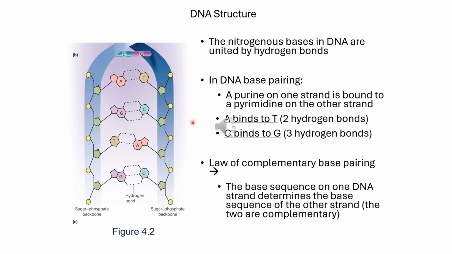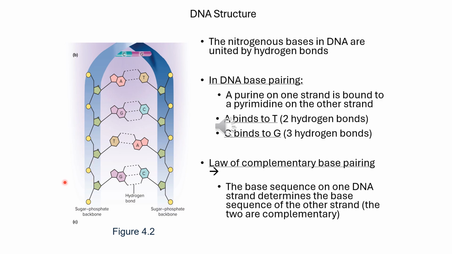In the base pairing, the purine on one strand is bound to the pyrimidine on the other strand. Here you can see the adenine is bound to the thymine, and it's connected by two hydrogen bonds. In the second step, the guanine is bound to cytosine, and there are three hydrogen bonds.